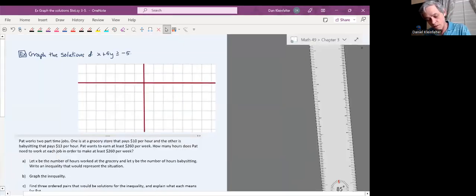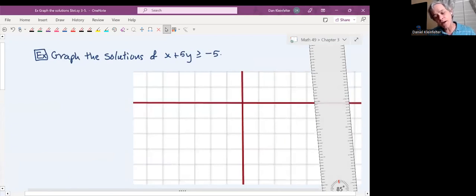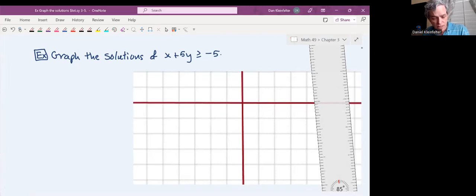Okay, here's one more, and then we will do a story problem. All right, so here x plus 5y is greater than or equal to -5. So once again, with the corresponding equation for the boundary line, x plus 5y equals -5. Okay, intercepts. When x is 0, y will be -1.